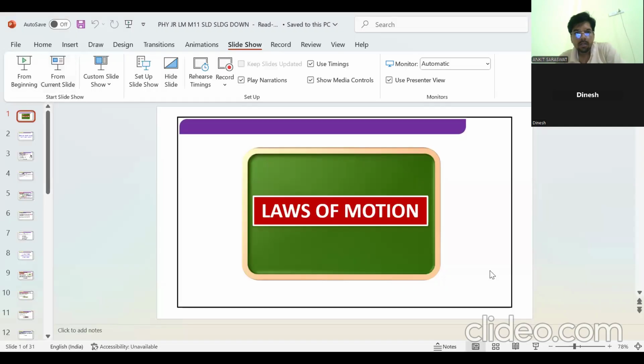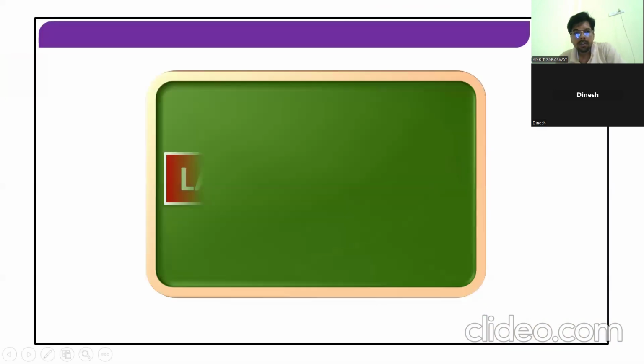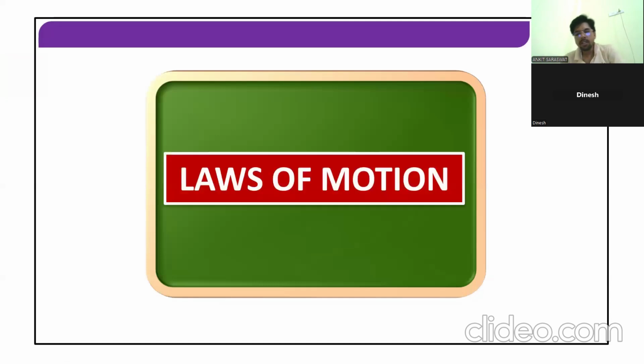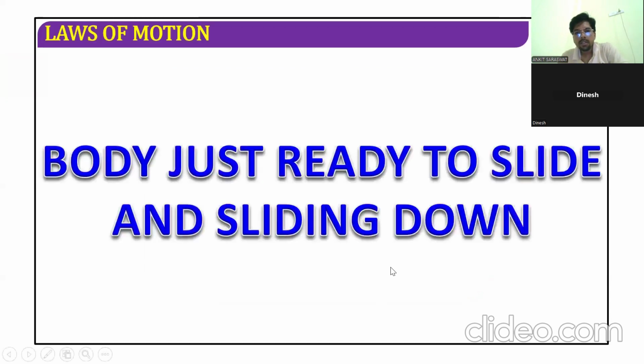Now we will understand this slide. It's part of that only. Now we will learn some numericals also. Body just ready to slide, sliding down. That is angle of repose. Ready to slide means just begin to slide.